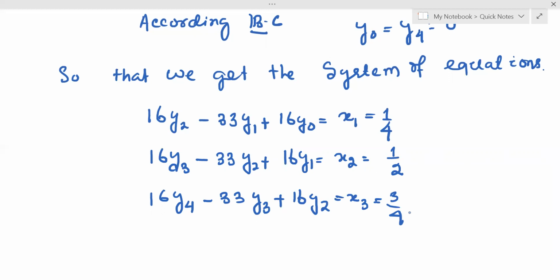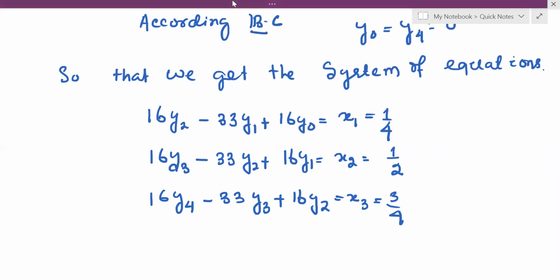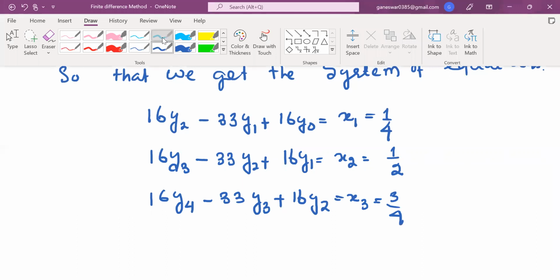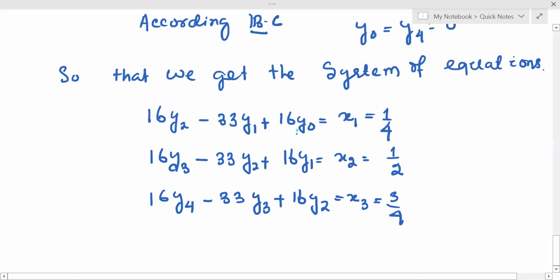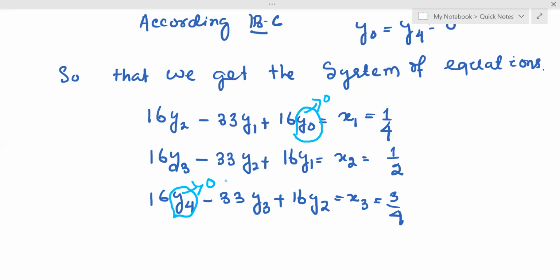But in this condition, you look here, y0 and y4 are 0, you substitute. Then you simplify this equation.